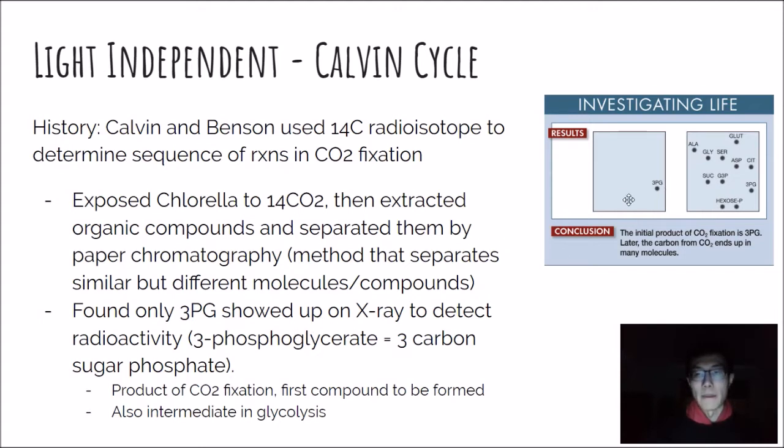This suggests that the first product of CO2 fixation, the first compound formed in the Calvin cycle, is 3-phosphoglycerate. What's fascinating is that it's also an intermediate in glycolysis.